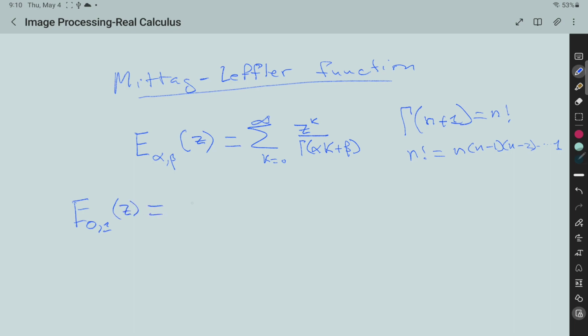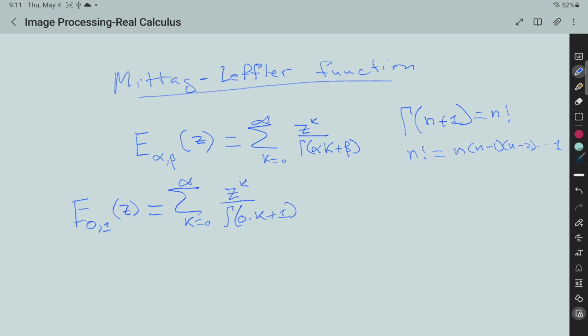So just write down the function. It's an infinite sum going from 0 to infinity. You have z to the power k. And then inside this gamma function, you have 0 times k plus 1. Beta is 1.